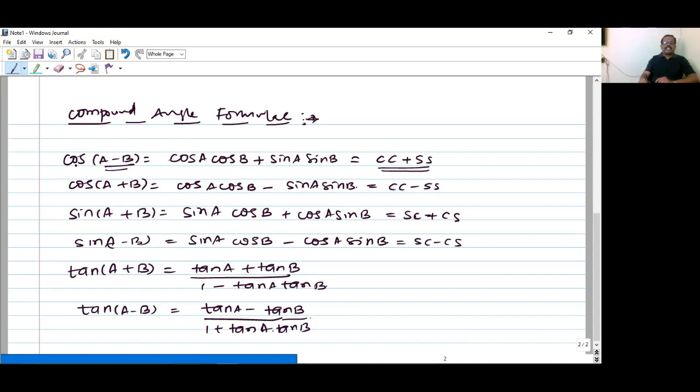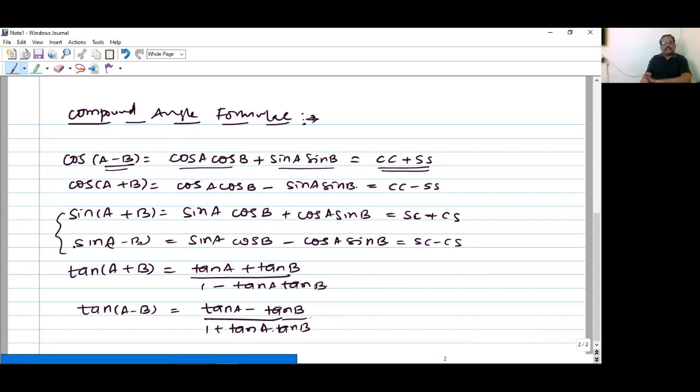If we see one more difference here, or we can keep the pattern in mind, that the formula for cosine is the sum of the product of similar functions, both are cos, both are sine, both cos are together, both sines are together, that is cos a cos b plus sine a sine b, right?